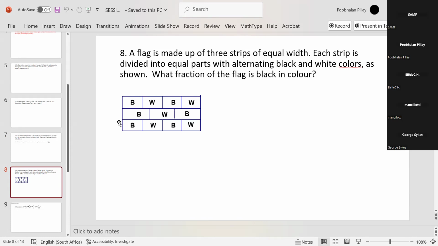So once again, we don't have the dimensions of the flag, but we want to know what the fraction is. So you can use symbols.